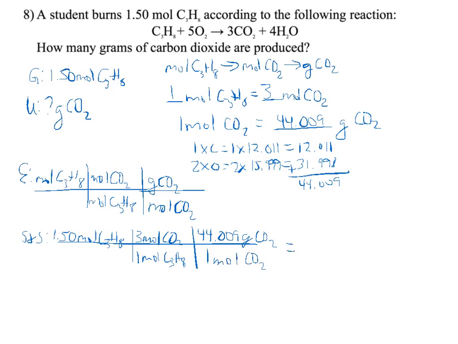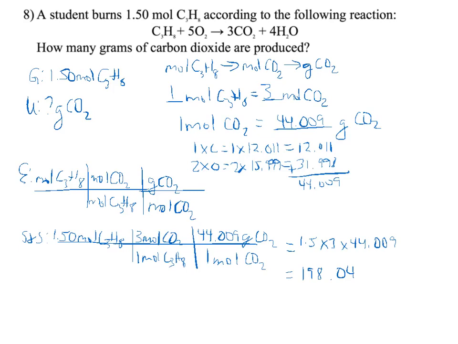So math-wise, what are we doing? We're multiplying straight across here. 1.5 times 3 times 44.009. And when you do that, you get 198.04.